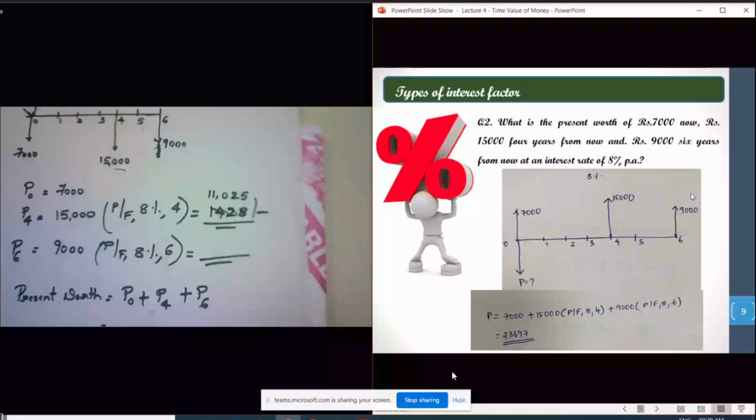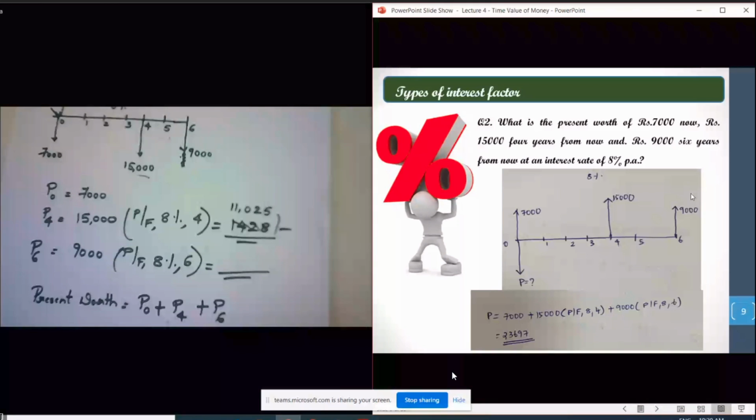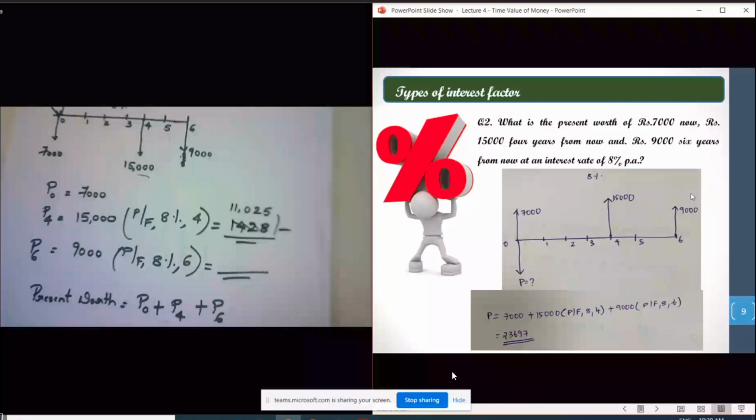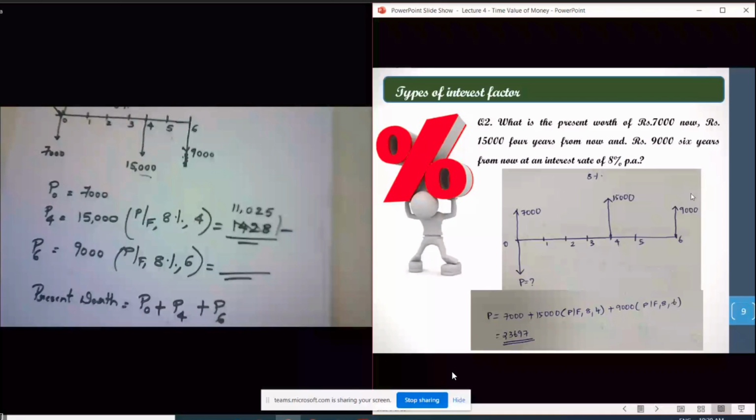Whereas in the slides, the cash flow diagram has been drawn for a person who wants to invest. So how much he wants to withdraw: 7,000 at time 0, 15,000 at the 4th year, and at the end of the 6th year he wants to get 9,000. So if these three are the withdrawal amounts, how much amount does he have to deposit?